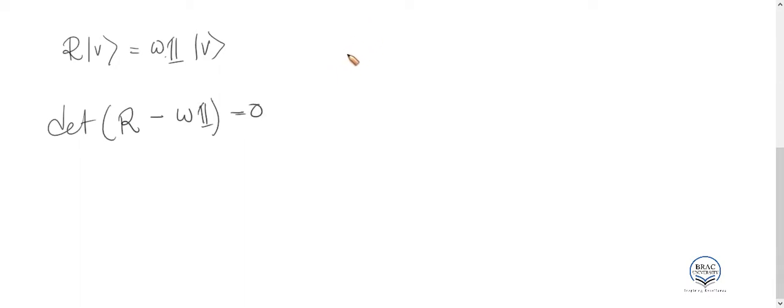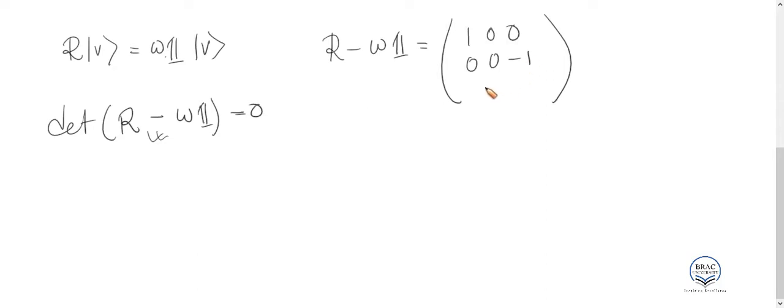So let's try to write this R minus omega 1 down explicitly. So R minus omega times the identity will just be, first you write this R again, that is 1 0 0, 0 0 minus 1, and 0 1 0, minus omega times the 3 by 3 identity matrix.